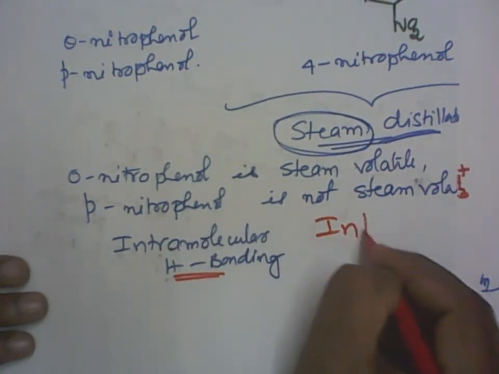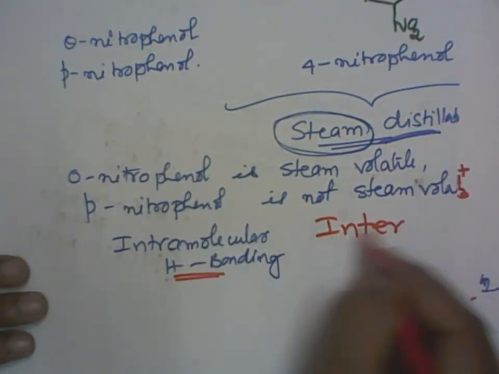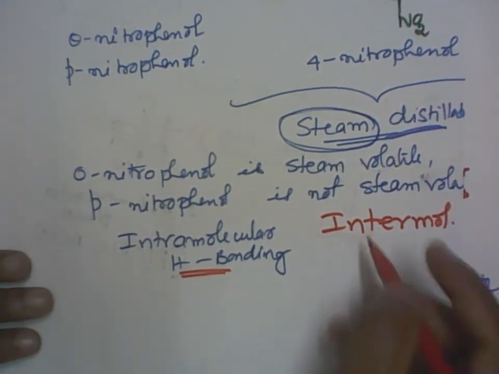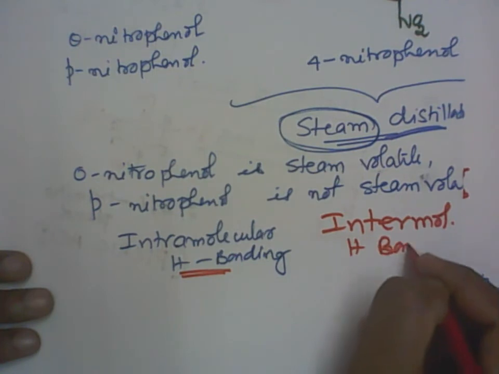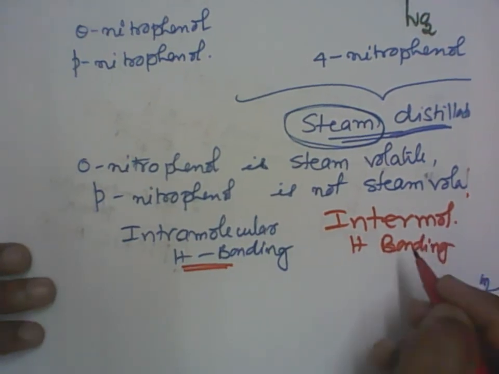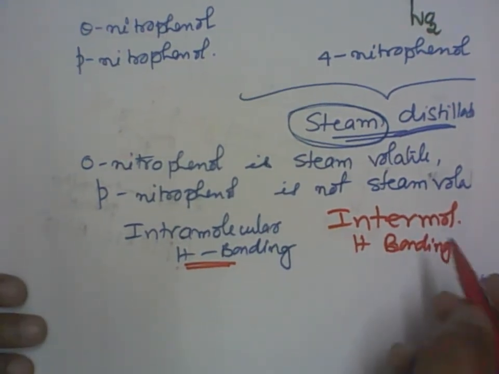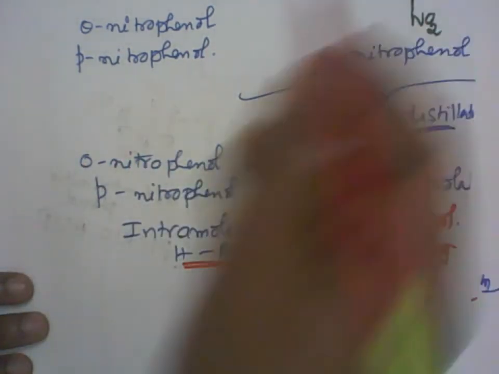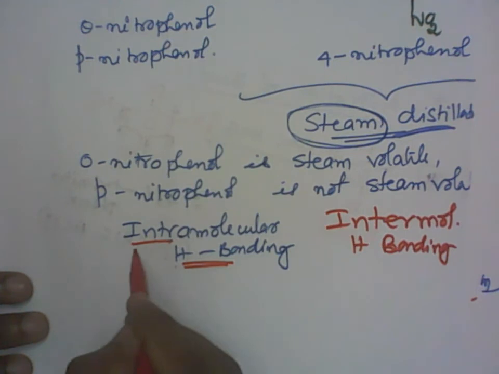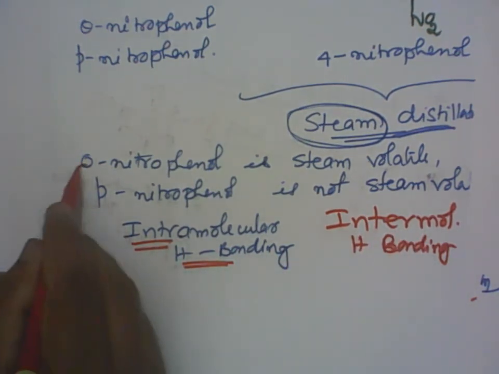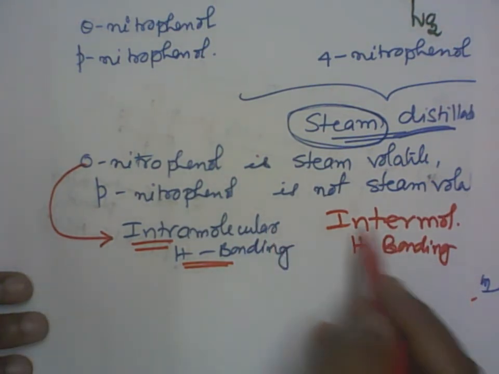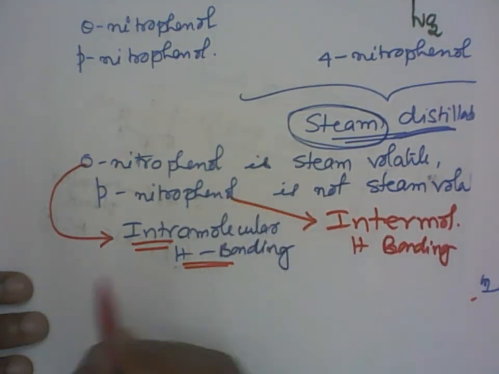The second type is between two molecules, intermolecular hydrogen bonding. I'll write the two products now and show you what is intra and intermolecular. Orthonitrophenol has intramolecular and para-nitrophenol has intermolecular hydrogen bonding.